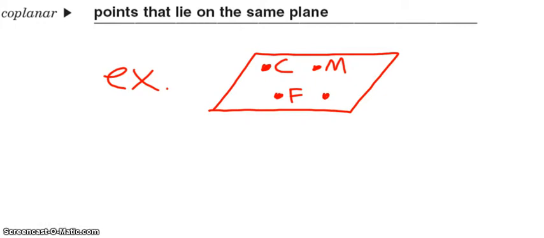This time, let me put a couple more. Let's put a little N there, and a J, and a capital letter Y. All these points are coplanar. They lie in the same plane. This point right here, and let's call it A. A would not be coplanar with the rest of the points.